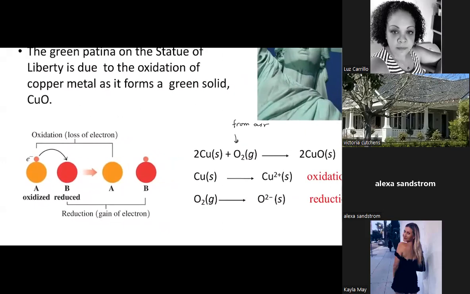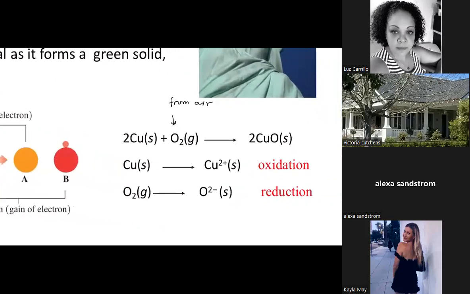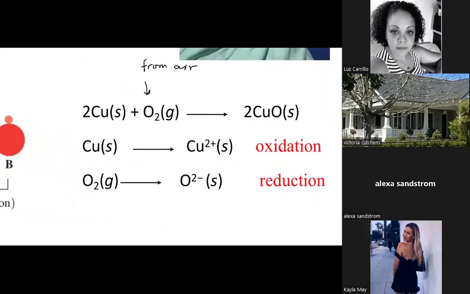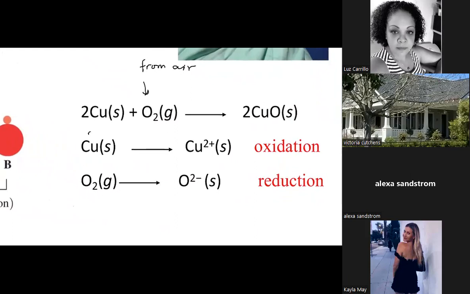So if we look at the reaction here that explains that green patina that is actually on the Statue of Liberty, we see that the copper in the reactant was solid. It was not charged. It was copper at ground state.